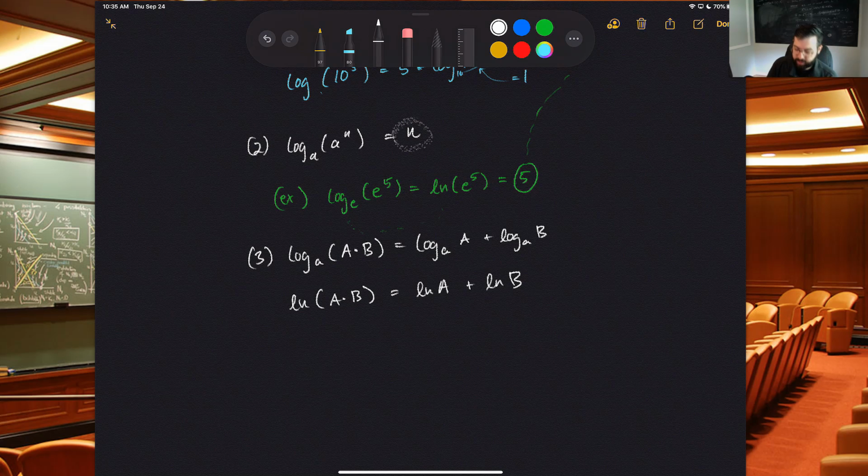This will always be the case. And this should somewhat remind you of the rule, all right, I forgot, 10 to the a times 10 to the b becomes 10 to the a plus b. There's definitely a connection here.